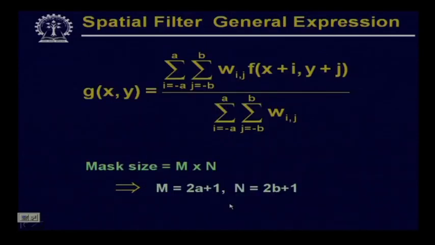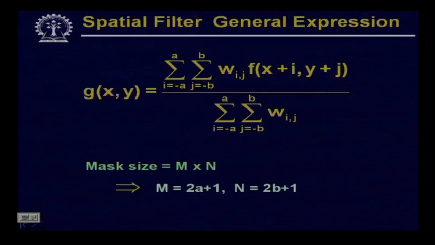So, this gives the general expression that when we consider W I j, we have to have a normalization factor, that is, this summation has to be divided by the sum of the coefficients, and as we said, 3 by 3 neighborhood is only a special case. I can have neighborhoods of other sizes.